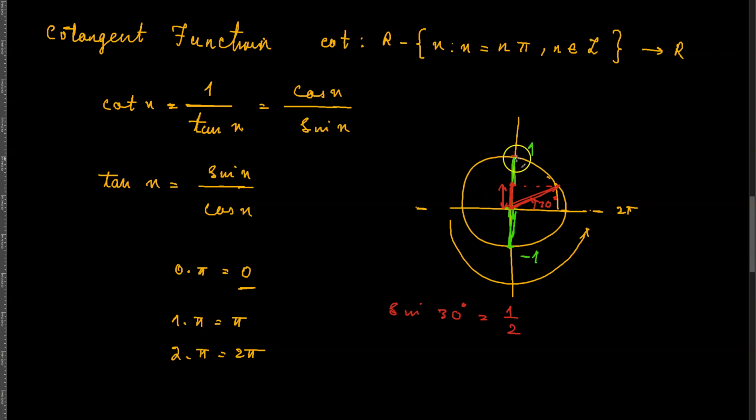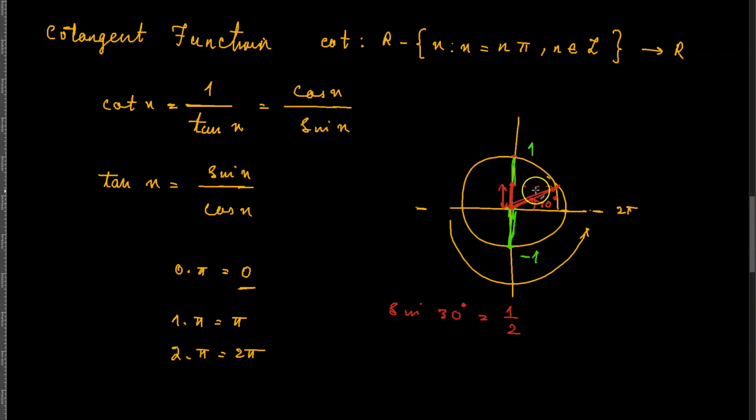So then what that means is that, again, you measure the sine of an angle along the vertical axis.